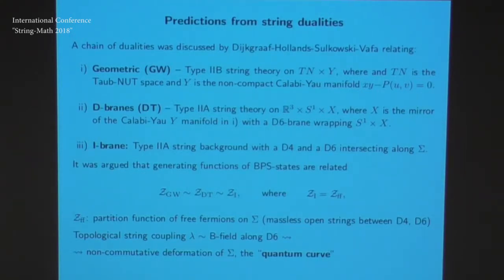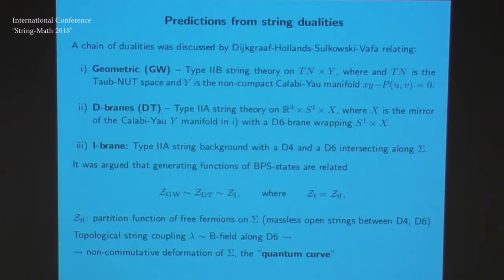So this gives relations, and we'll have to formulate this a little more precisely in a moment, between the generating function for Gromov-Witten, the one for Donaldson-Thomas, and this so-called I-brane partition function, where, by these authors, it was argued that it can be represented as the partition function of a free fermion system on sigma, basically representing the massless open string stretching between D4 and D sigma.